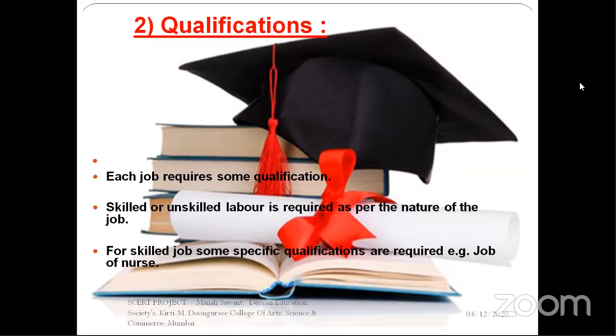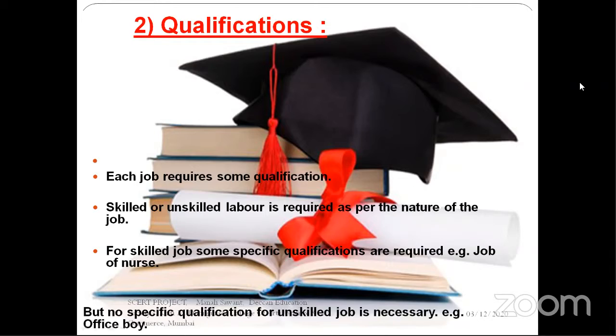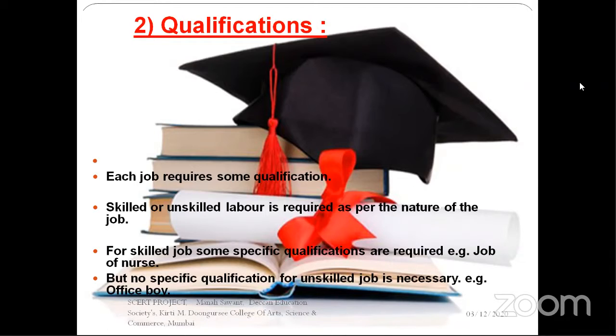For a skilled job, some specific qualifications are required. Here we take the example, if a person is appointed as a nurse in a hospital, she should have the qualification, she should complete the training. So qualification is a must to become a nurse. But in the same hospital, if there is a ward boy, for that job no qualification is required. So no qualification is necessary for an unskilled job, like office boy and so on.